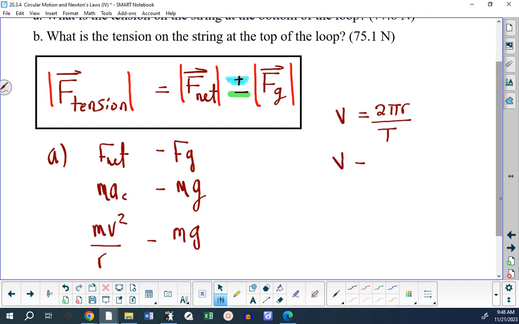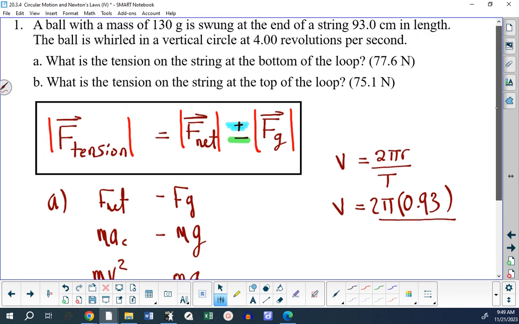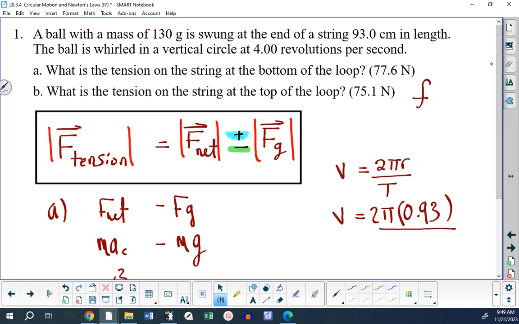So we can put in 2 times pi times 0.93 meters divided by the period, but we don't know the period. The period is how many seconds it takes to go around once. However, we do know the frequency. The frequency is 4 hertz.